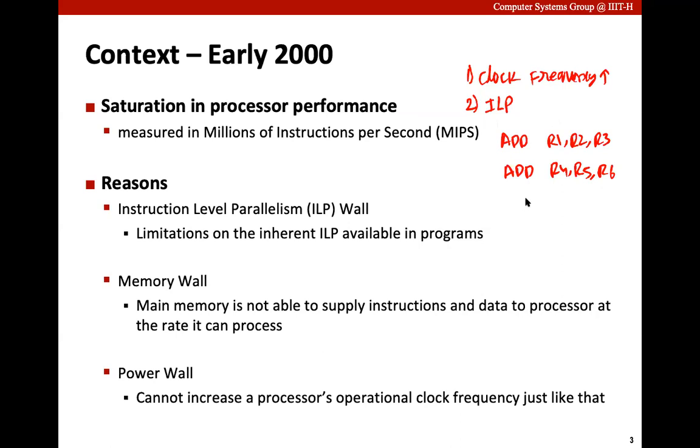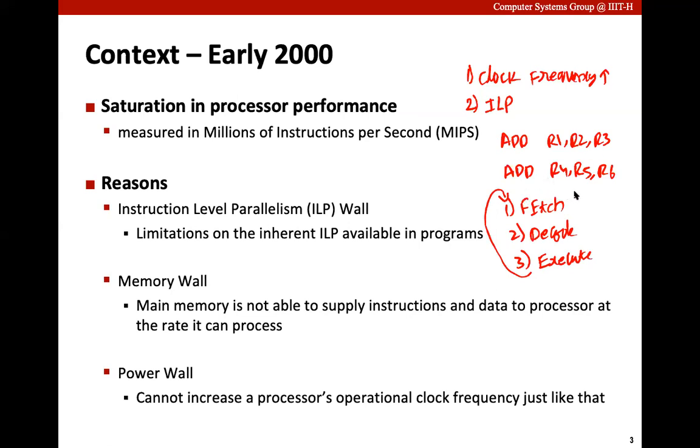If you recall, the basic von Neumann architecture is you fetch an instruction, you decode the instruction, and you execute the instruction. And you keep doing this again and again.